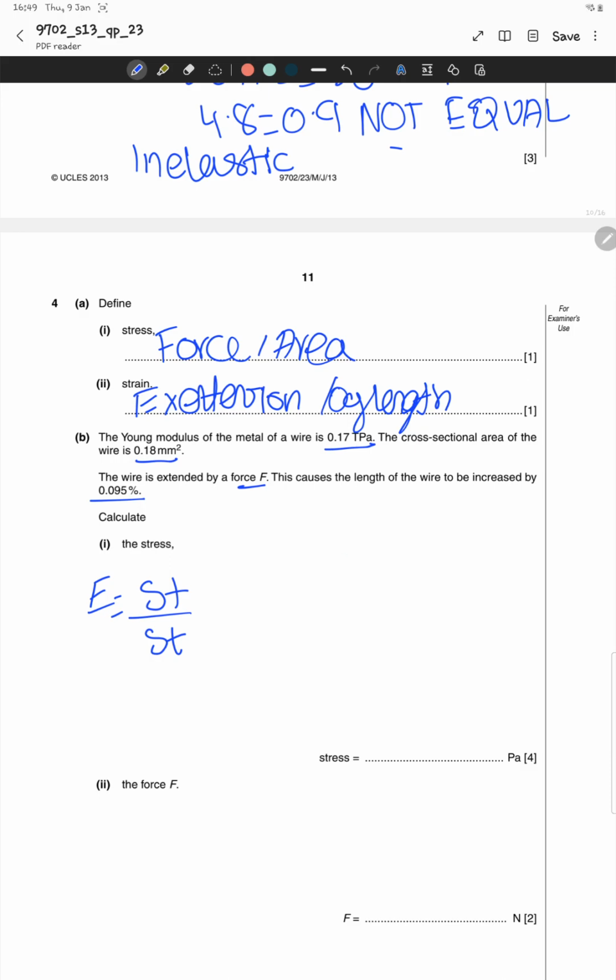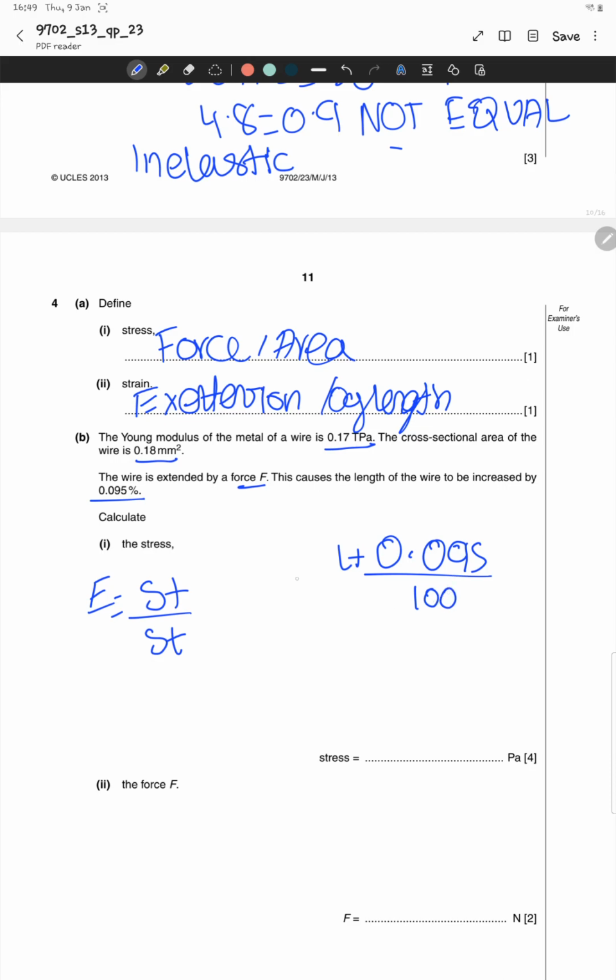I'm pretty sure you can find the strain, because they said that the length of the wire is increased by 0.095%. So the length is just increased by this 0.095, and then percent is just 100.